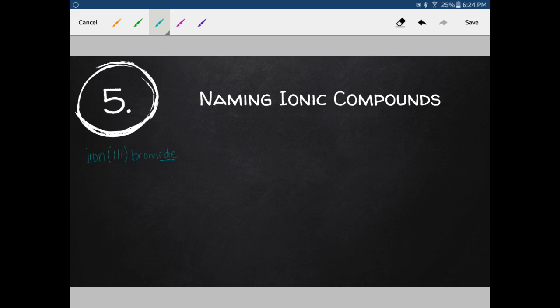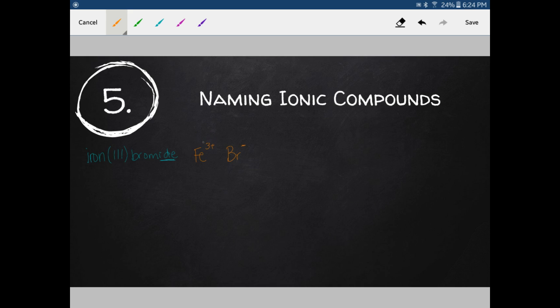Okay, so if we look at iron 3 bromide, we know that it has iron in it, and the charge that we have on iron is Fe3 positive. We're mixing that with our bromine, and our bromine has a 1 negative charge. So for every 1 iron that has a 3 positive charge, we know that ionic compounds do not have a net charge.